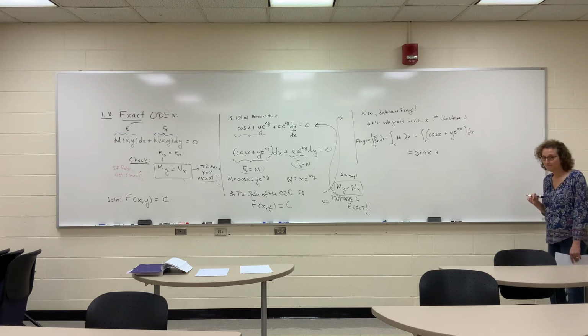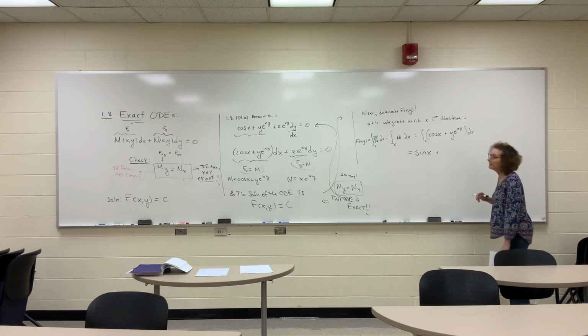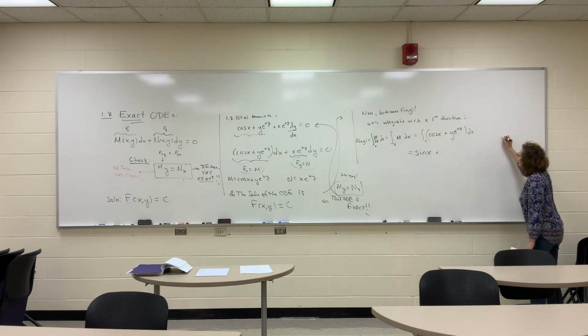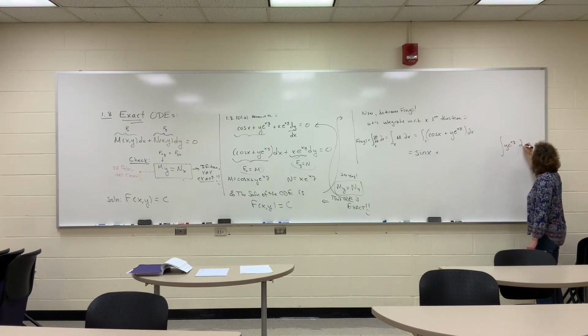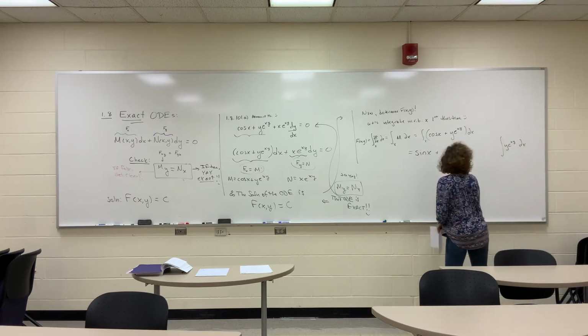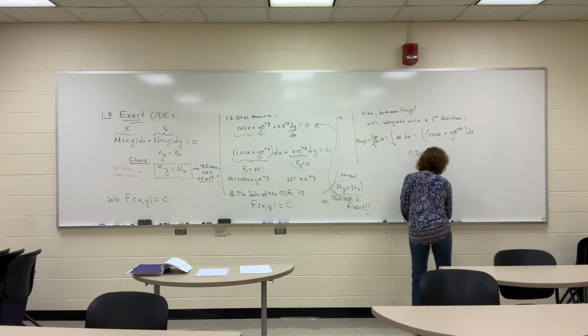We could kind of do that over here. Let's think about that. Integral of y e to the xy with respect to x. I'm wondering if you can see over there, actually. Maybe. Let's just do it down here.